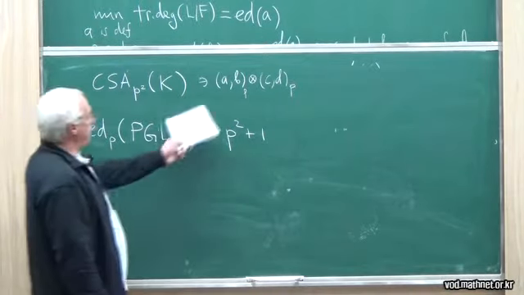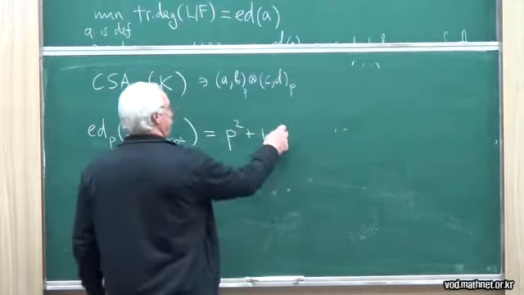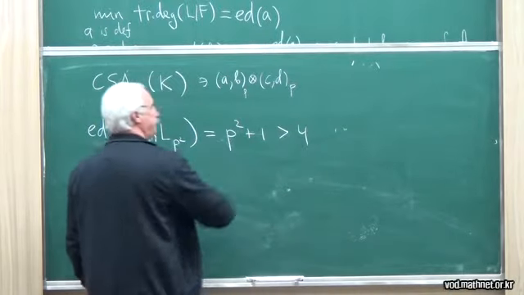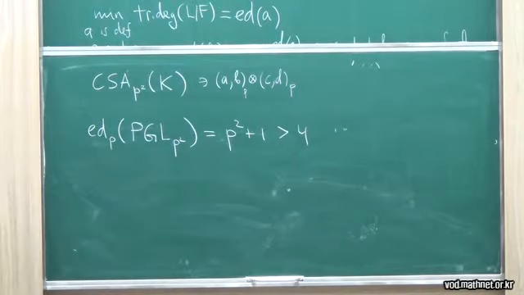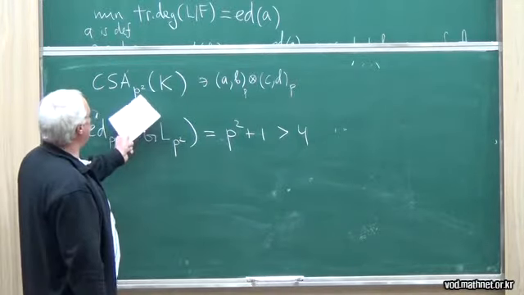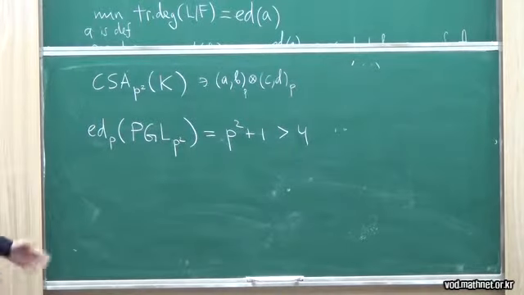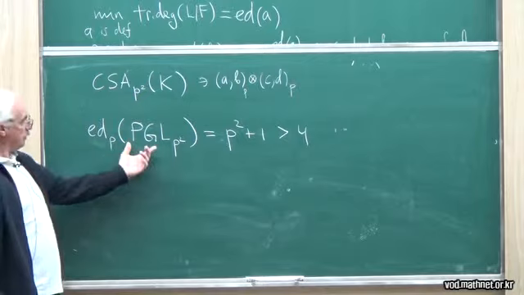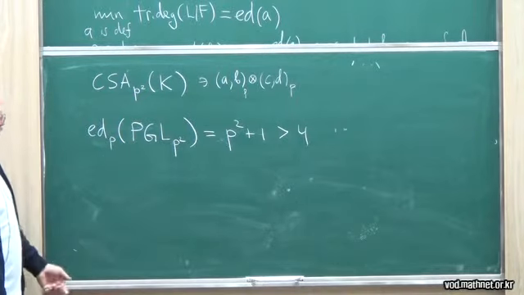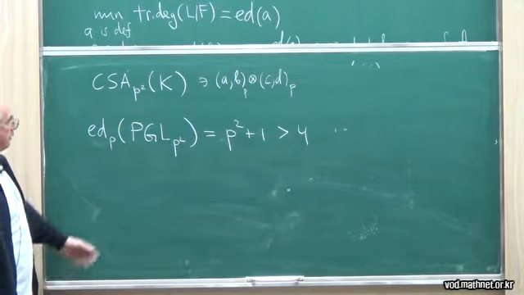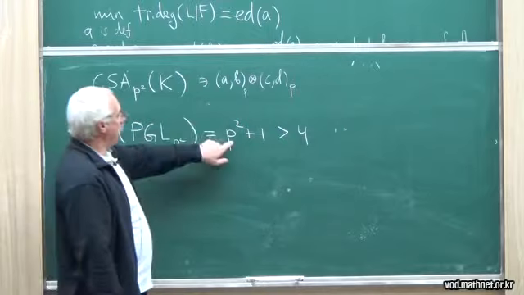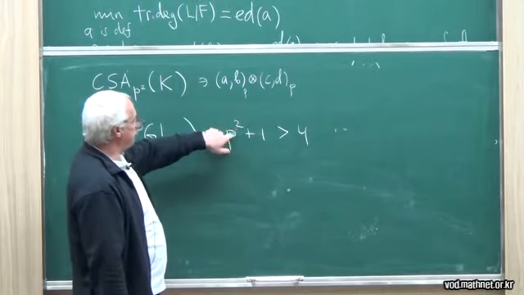It's much more than 4, even when p is 2. It is bigger than 4. And that means that not every algebra of degree p squared is of this form. So actually this statement shows that the algebras of degree p squared are much more complicated than we think. The number of parameters you need is p squared plus 1.